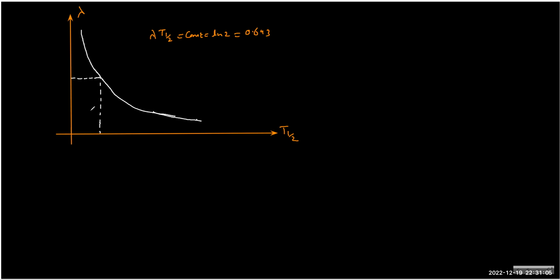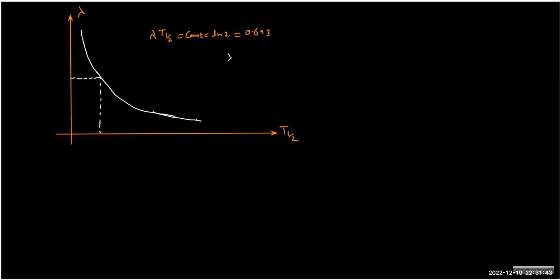If you plot lambda and T half of various elements, knowing the T half of a given element, you can find the lambda of its decay rate and vice versa. Generally, lambda and T half are used interchangeably in expressing the equation of radioactivity. You are not supposed to know both. If you know lambda, it's fair enough, you will get the T half, or vice versa. In the examination, they will not give you both, because they know you can derive one from this simple relation.